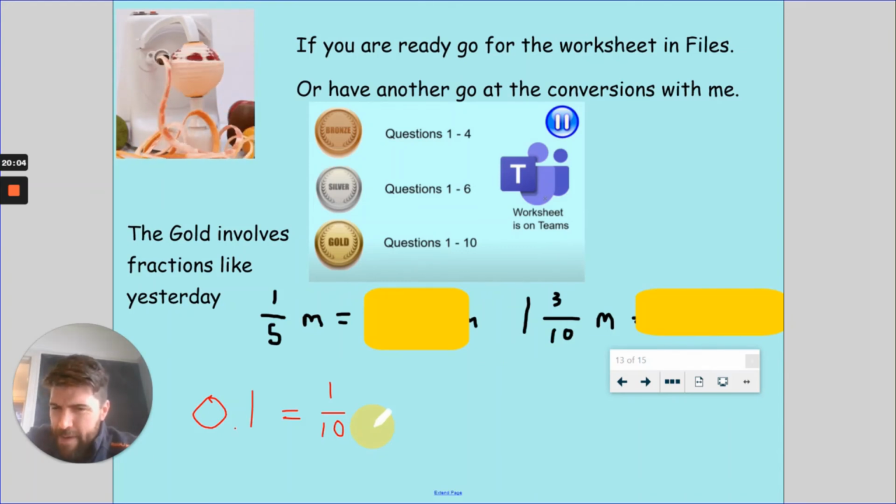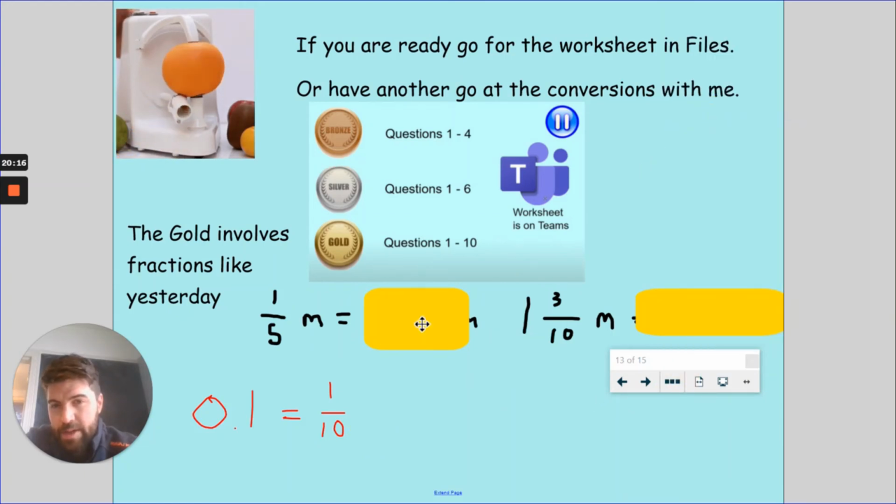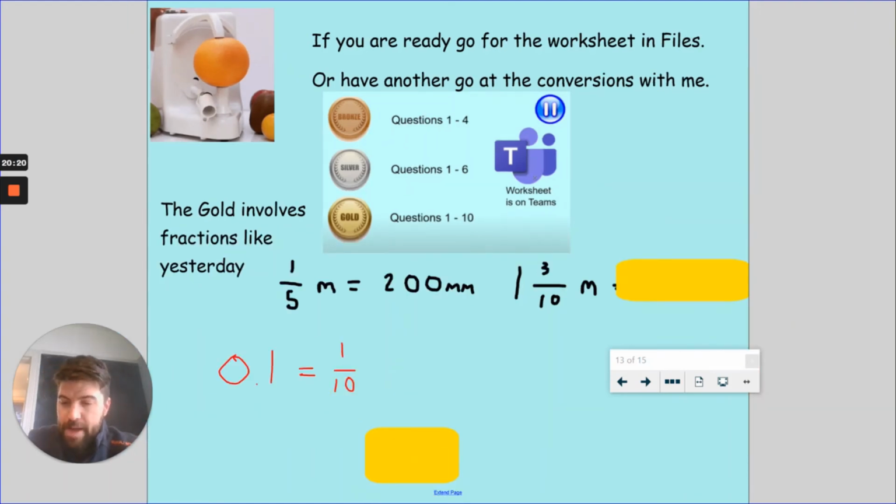What would be 1/5? Well, 1/5 is going to be a larger amount than 1/10. 1/5 of a number is going to be 0.2. So 1/5 is 0.2. That's therefore going to be equal to 200 millimetres.